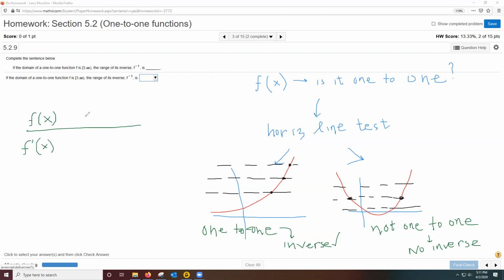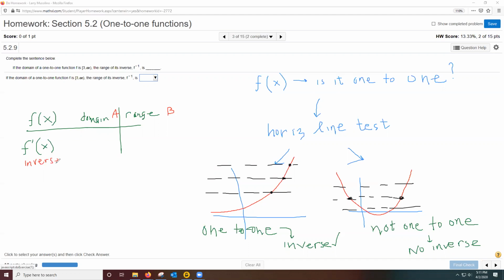And let's say for the function I have a certain domain, and I have a certain range. I'm just going to call the domain A, and I'll call the range B just to make it a little easier to reference. What happens with the inverse function is the domain and range swap around.